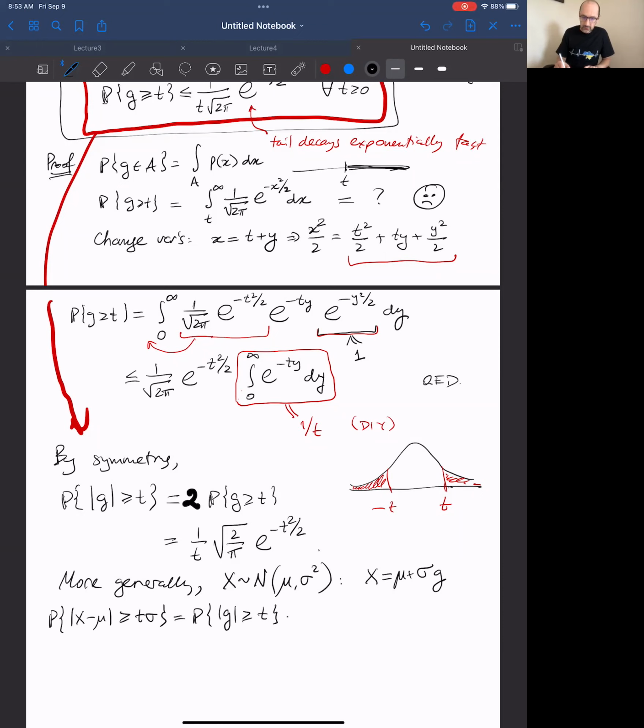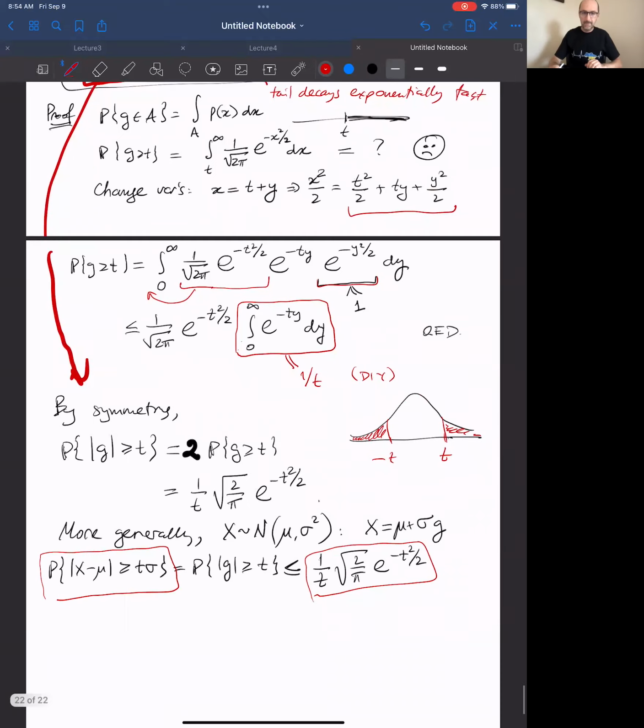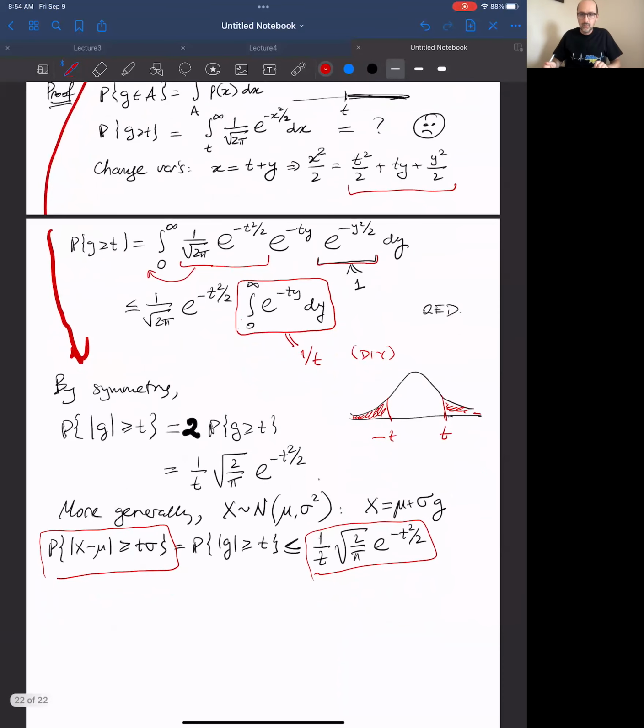And this is less than that 1 over t, root 2 over pi, e to the minus t squared over 2. Okay, sorry guys, it was a little too technical.